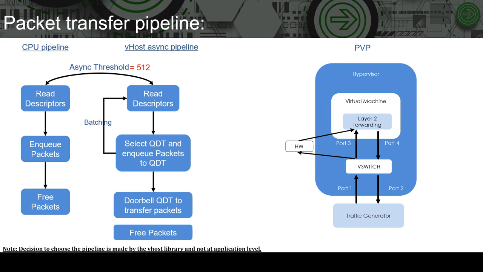Let's see what happens when a packet of size 256 is received. Since 256 is less than the async threshold, it takes the CPU pipeline. The same is reflected in the PVP diagram as well. Now let's consider a packet size of 1024 is received. Since 1024 is greater than 512, it takes the QDT pipeline.